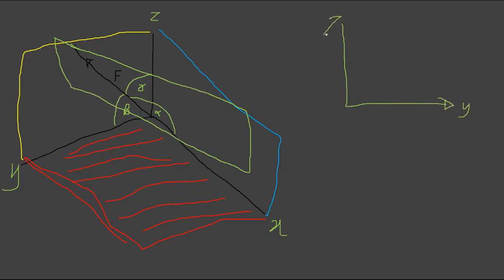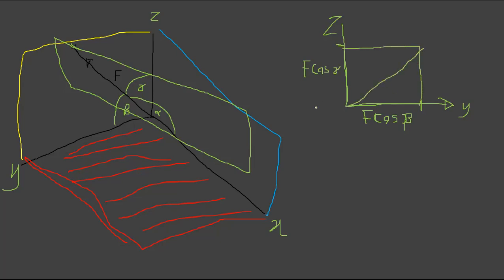Y and z. So this length is f cos beta, right? And this length is f cos gamma, let's say. So you have the resultant.